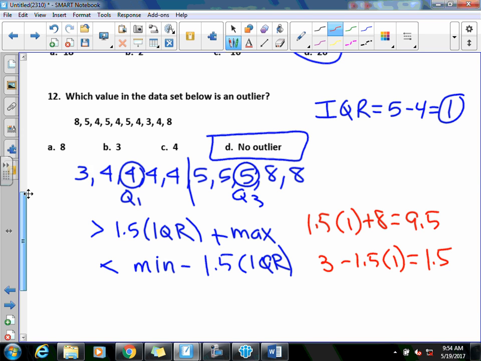Are there any numbers in our list that are less than 1.5? No. That's proof that there are no outliers. Okay? So that's the long way of finding out what we already know. Outliers are far away from the data. They're not going to be close. 8 is relatively close to the data.